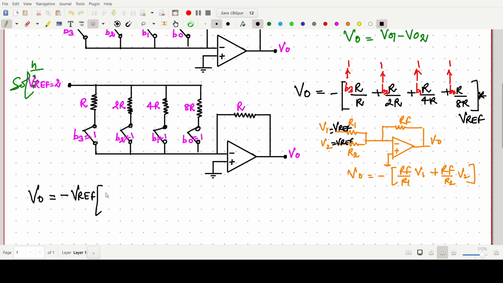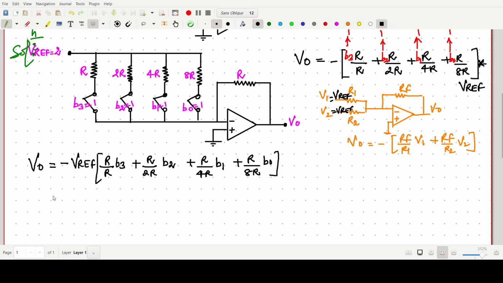Then R by R times B3 plus R by 2R B2 plus R by 4R B1 plus R by 8R B0, because the feedback resistance RF is R. Since R is common in all, we can write B3 plus B2 by 2 plus B1 by 4 plus B0 by 8.